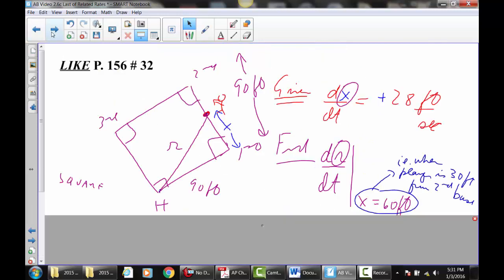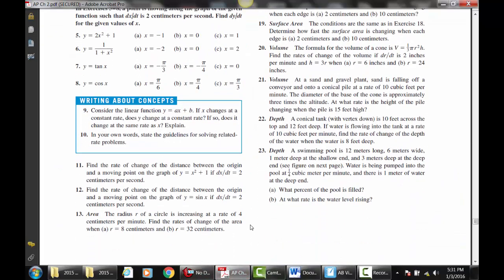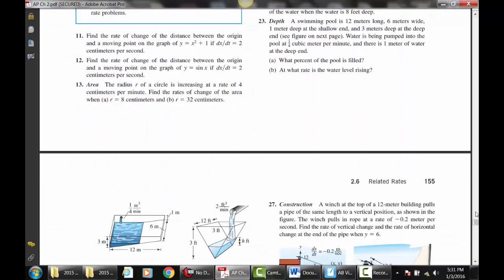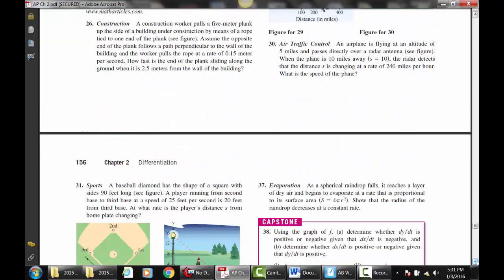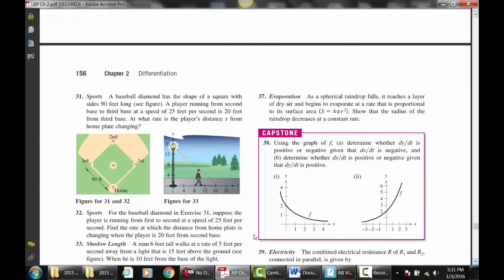This is like number 32. Let's have a look at number 32. Okay, number 32 goes back to number 31, so what you have is a baseball diamond. In number 32, it says suppose the player is running from first to second base at a speed of 25 feet per second.